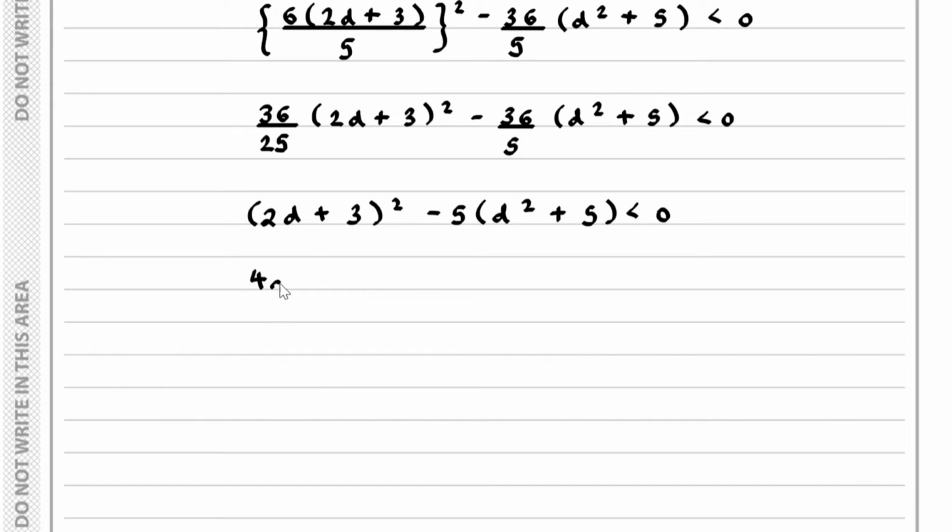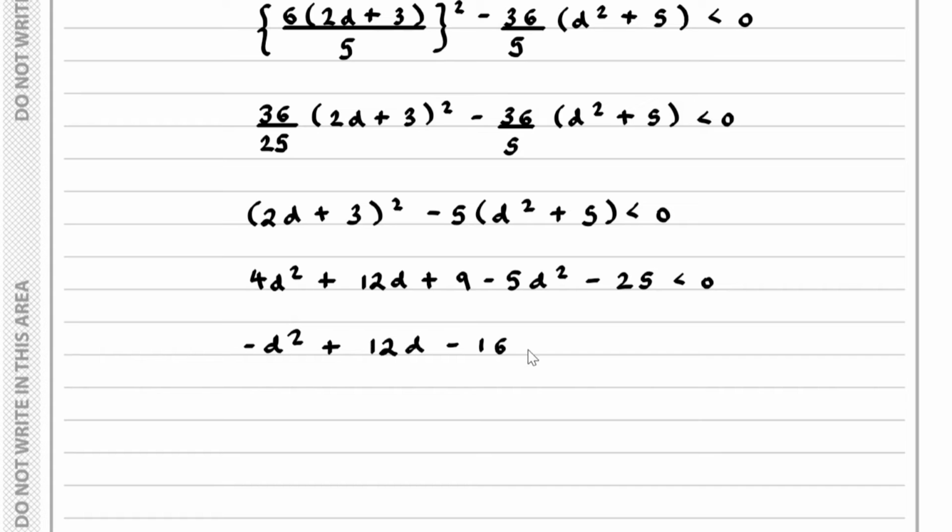So we've got 4d squared plus 12d plus 9 minus 5d squared minus 25 is less than 0. So we've got minus d squared plus 12d minus 16 is less than 0.